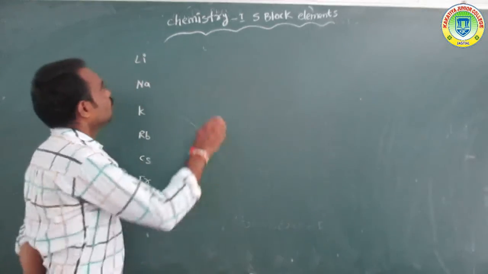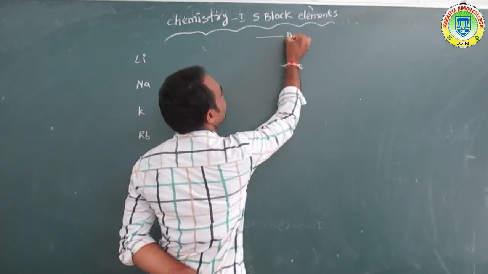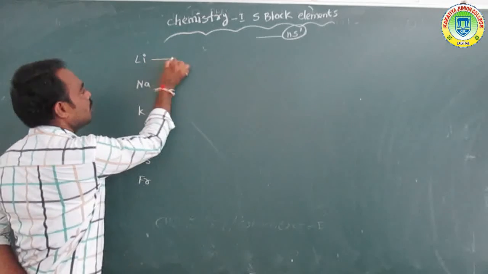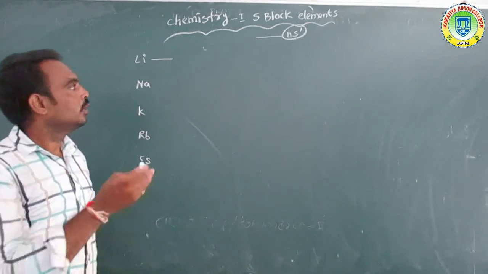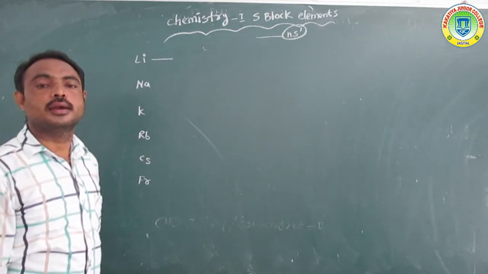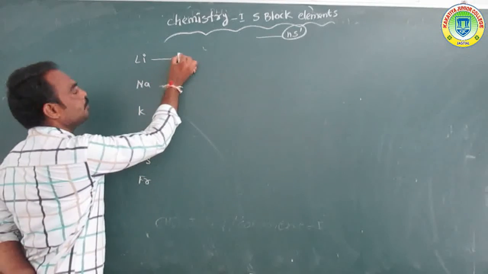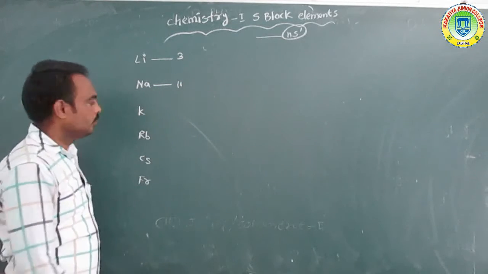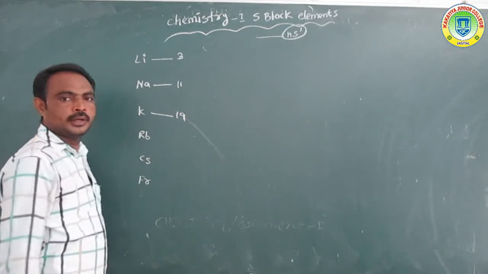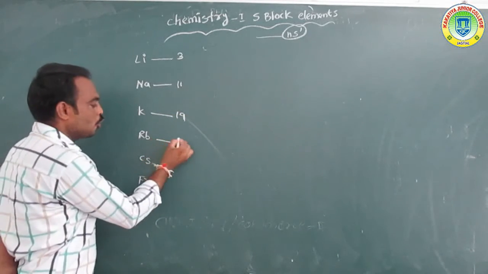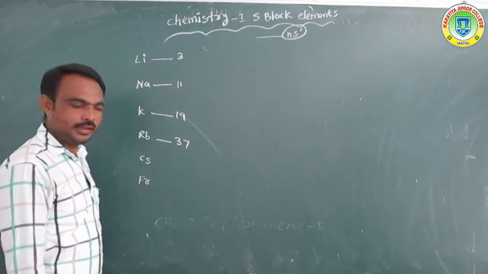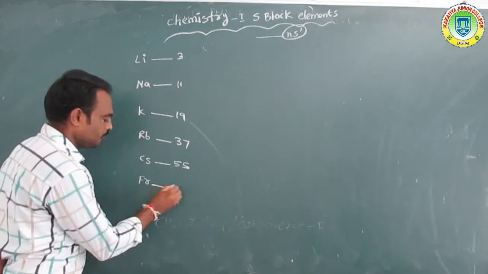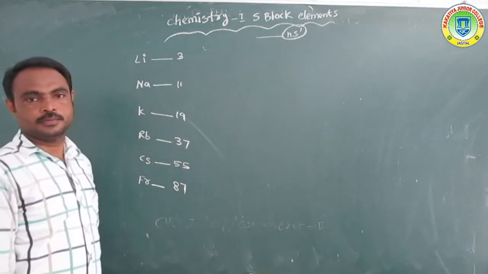Alkali metals, what is the electronic configuration? ns1. Now, what are the atomic numbers of group 1A, the alkali metals? Lithium 3, sodium 11, potassium 19, rubidium 37, cesium 55, francium 87.